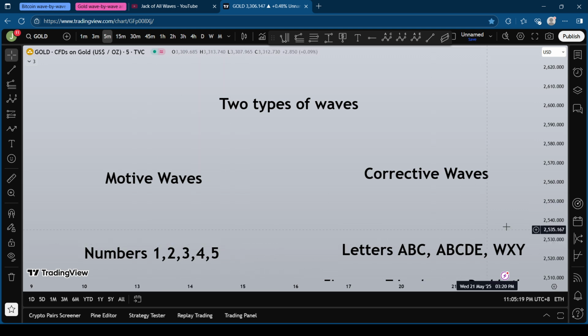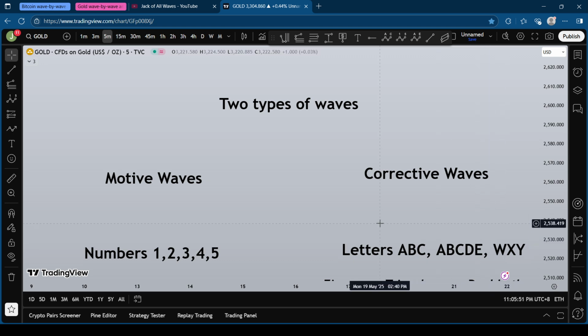But for now, let's just focus on the basic, which is motive waves are the trend waves that are labeled as 1, 2, 3, 4, 5 numbers, while corrective waves are labeled as letters, usually ABC, ABCDE, or WXY.